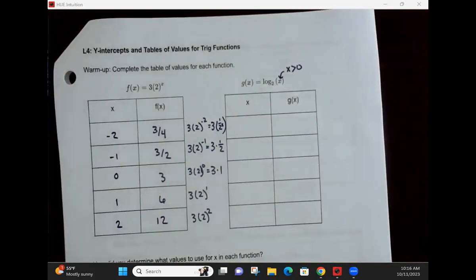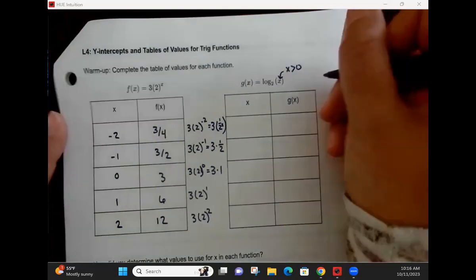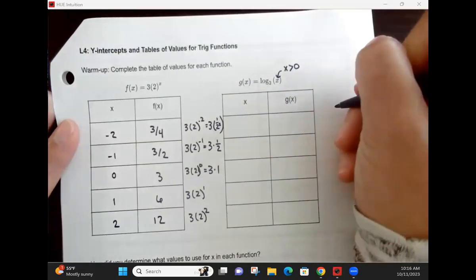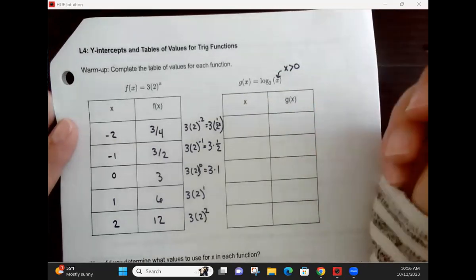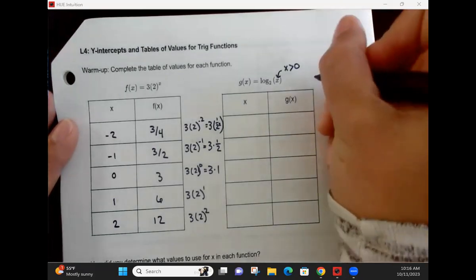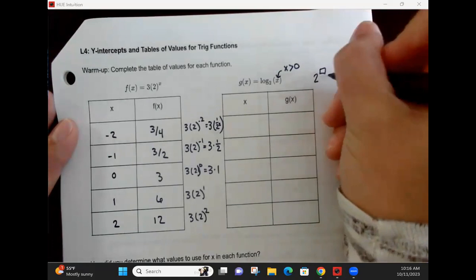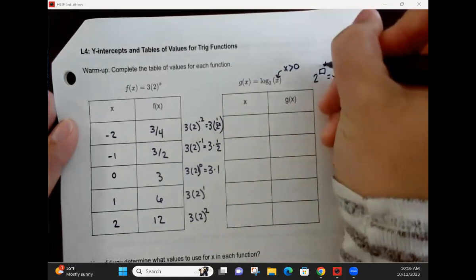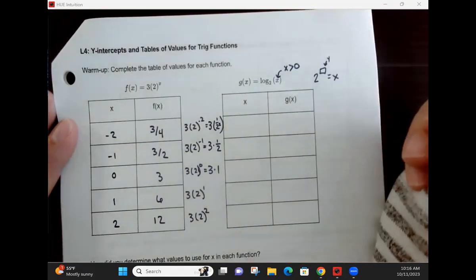And then I also may want to be a little selective with the values that I choose for x. When we looked at tables for log functions in, what was that, Unit 1 maybe, Unit 2, something like that, we rewrote these pretty frequently. This is going to be my y value, my g of x value.